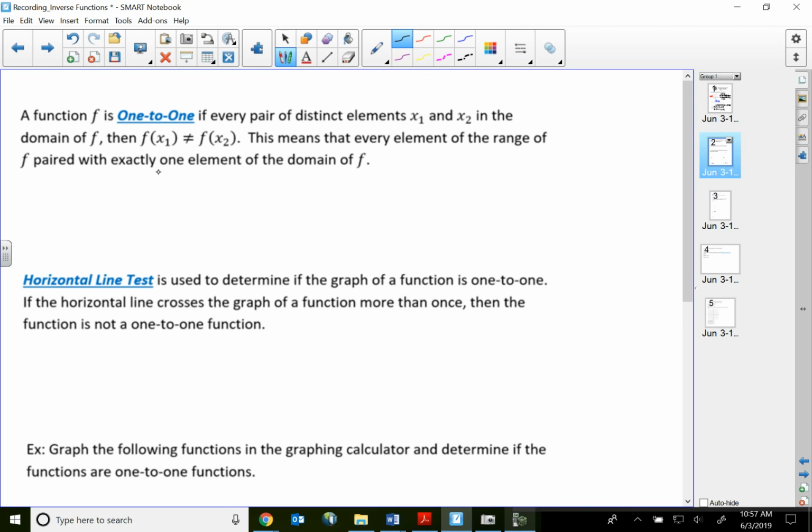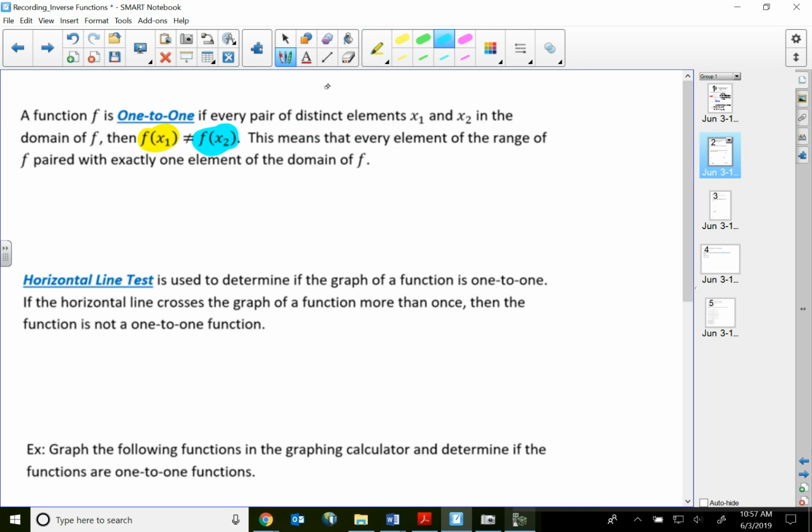Basically, I have two x values, x1 and x2. If I substitute them into the same function, then f of x1 is referring to the y value, and it cannot equal the y value where I substitute x2 into the same function.